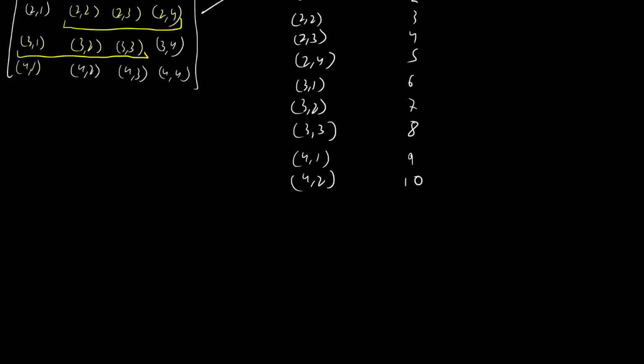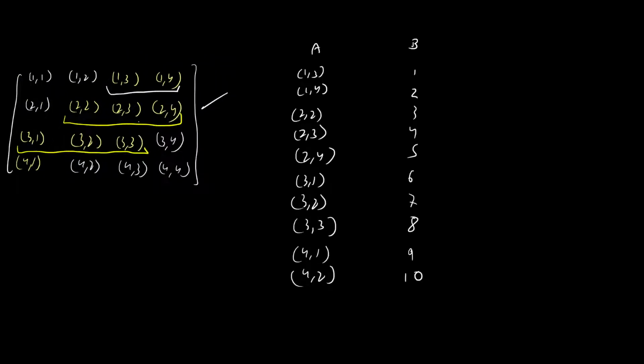Actually, that would be j. So suppose 2, 3, 4. If i equals 2, then j will hold the values n, n minus 1 and n minus 2. If i begins from 3, then j begins from n minus 1, n minus 2 and n minus 3. And that's pretty much it.